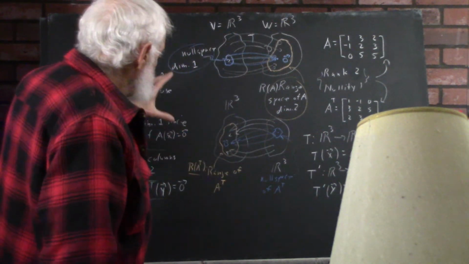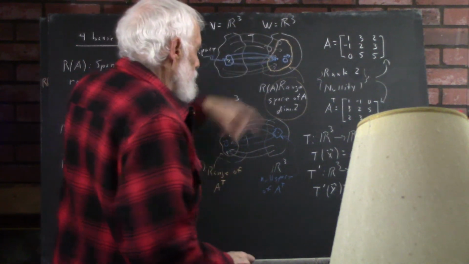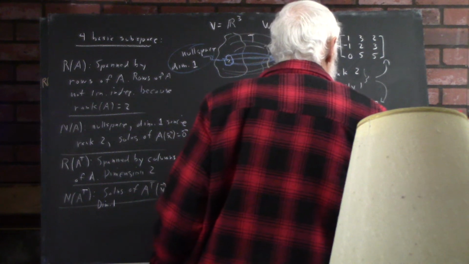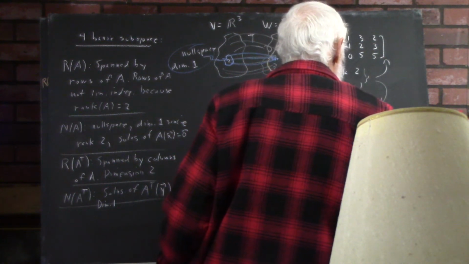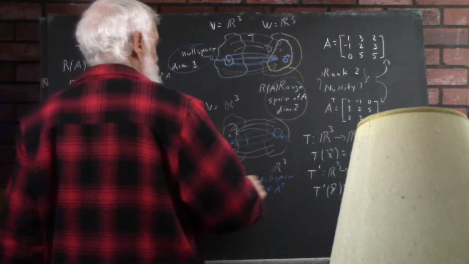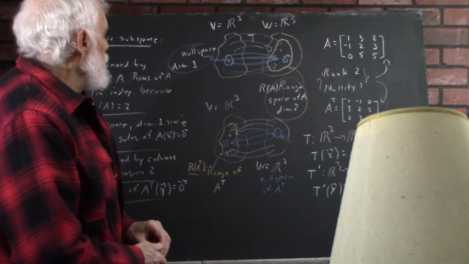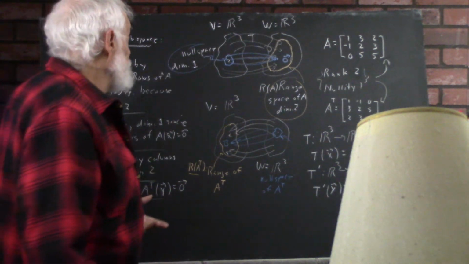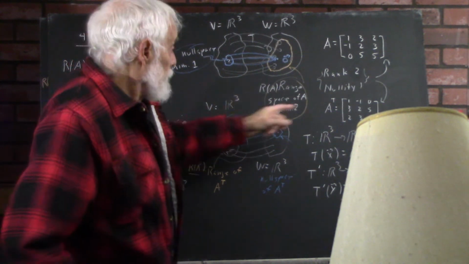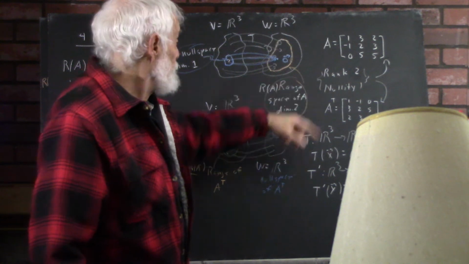Again, if T maps from V to W, T prime maps from W to V. So here's V, and here's W. The null space of this transformation has dimension 1 because the rank is 2 and the nullity is therefore 1.